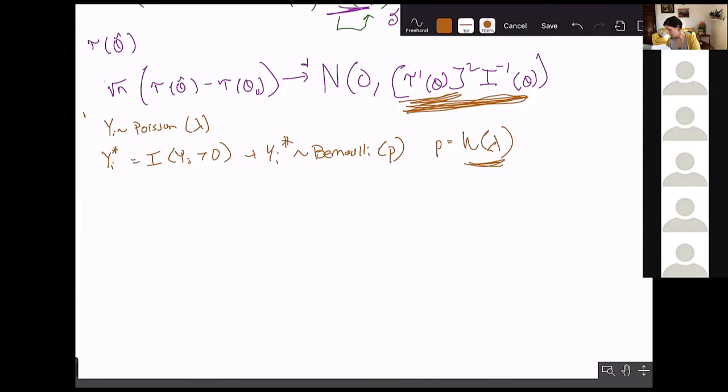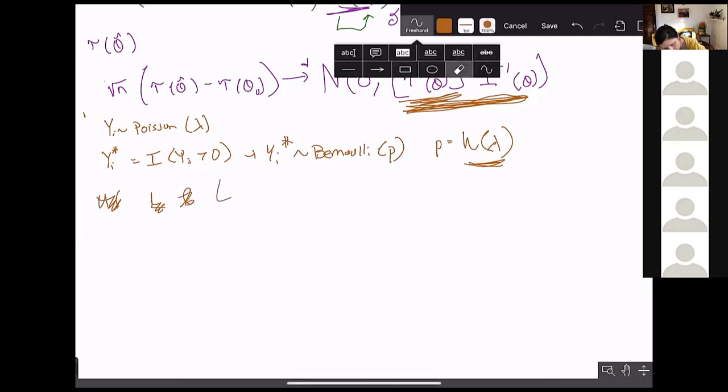Yes. And then you derive the information. So I guess you really have to write out the whole likelihood in order to do that. So the likelihood is going to be, hold on, I'm just going to erase that.